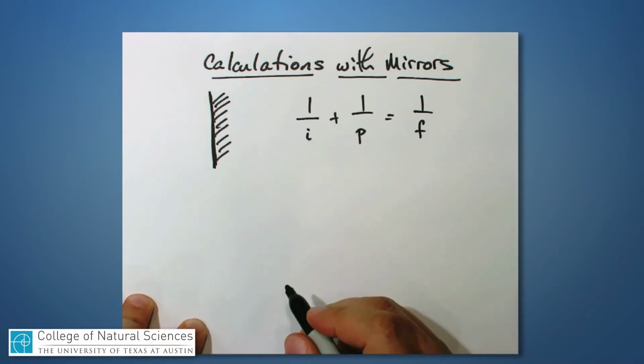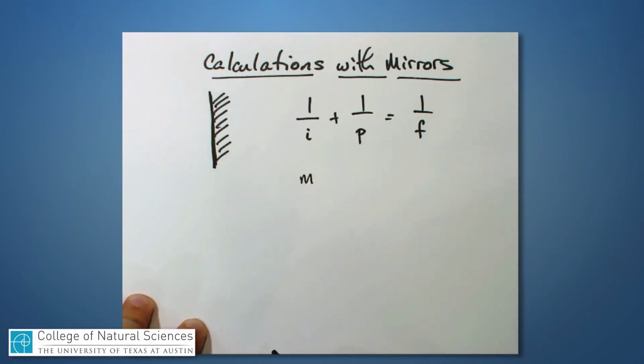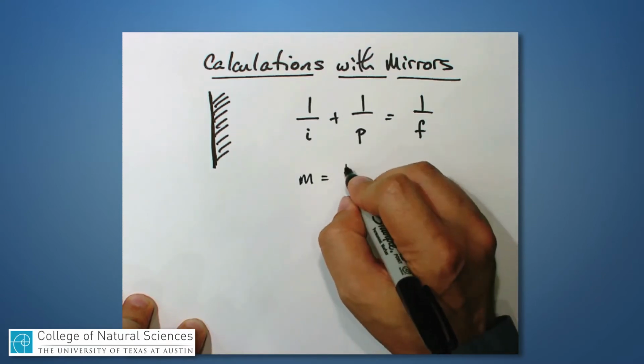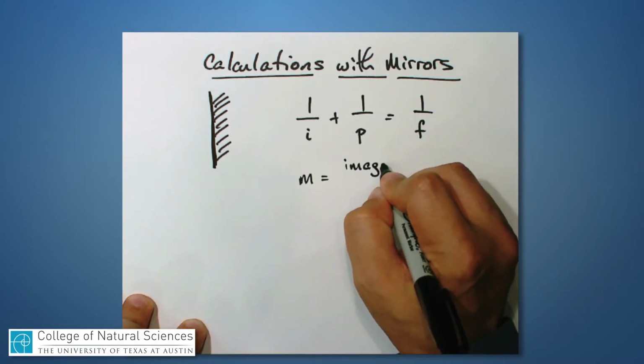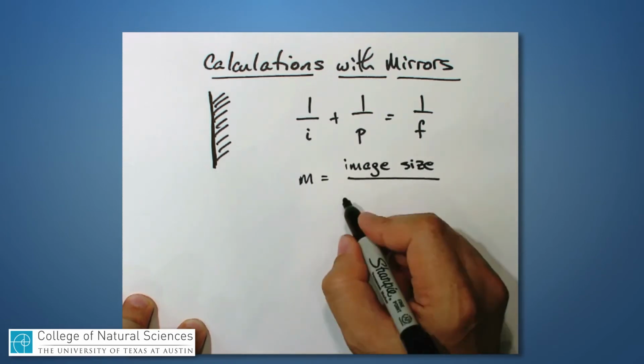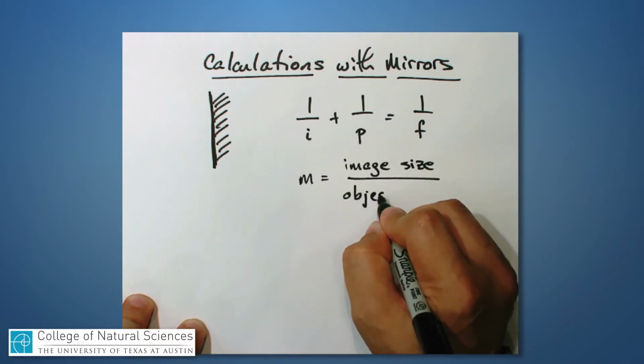The second equation is about the magnification, how big this image will be. The magnification is defined as the ratio of the image size to the object size.